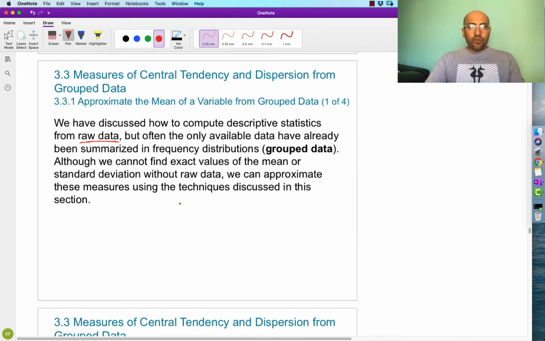If you have the original data and you can calculate the mean and standard deviation, then you're going to get an exact answer. So you would only apply these techniques in cases where you don't actually have the original raw data, or maybe it would be too difficult to work with it if it's excessively large, and maybe in some cases you might be perfectly content with a decent approximation rather than a more precise answer.